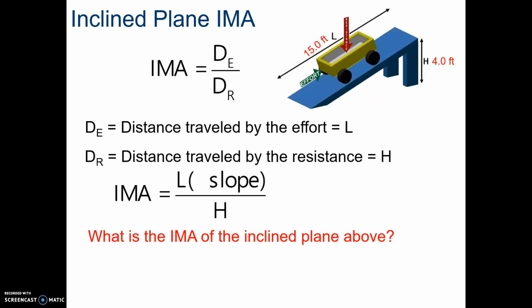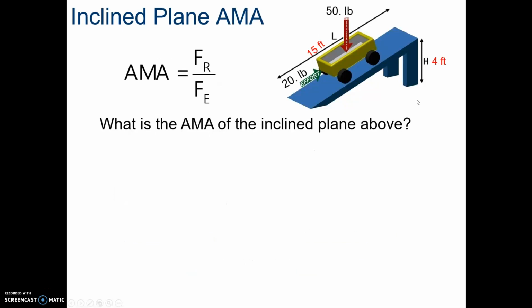For this example, we take our 15 feet, the length of the slope, and divide that by 4 feet, which is the height of our inclined plane. The feet cancel, and we get 3.75 to 1 as our ratio. AMA has not changed. That's still the resistance force over the effort force. So for the inclined plane, the AMA is our resistance, 50 pounds, over 20 pounds.